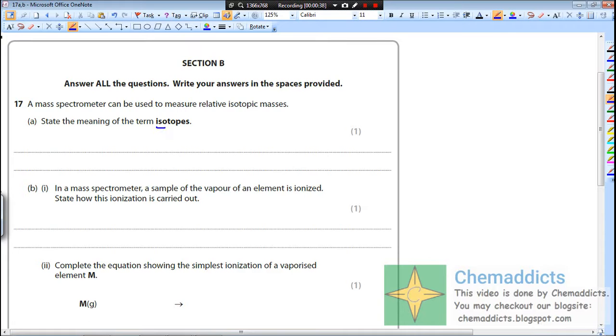So what do we mean by isotopes? The total mark for this question is 1. So let's write the definition.